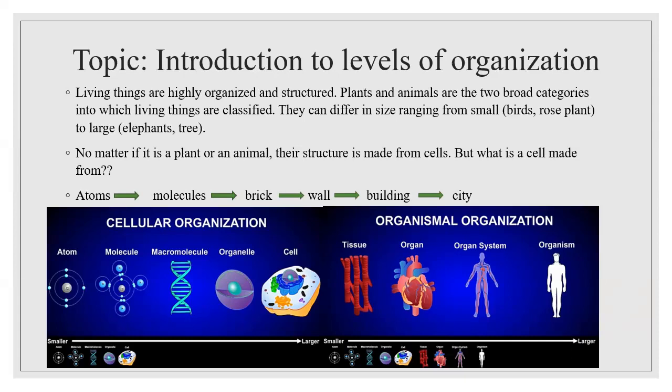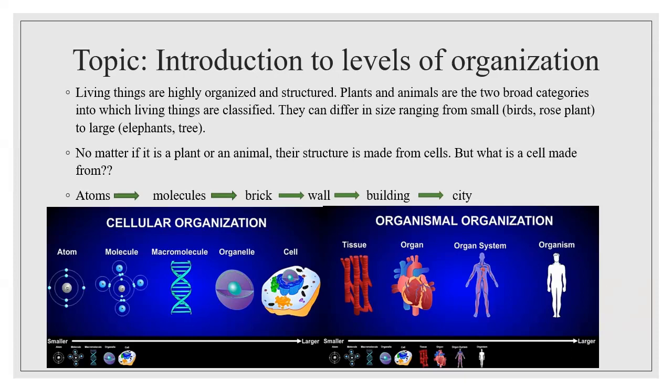Let us take an example of an organism's origin. So atoms join together to make molecules, molecules join to form organelles, and organelles join to form a cell. These cells are the smallest unit of an organism.